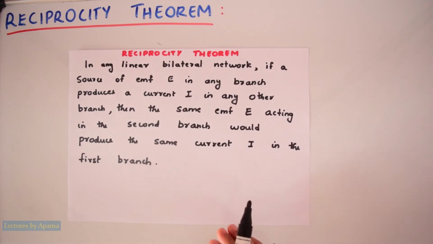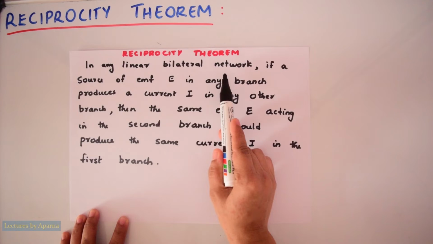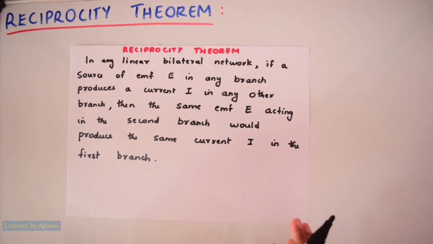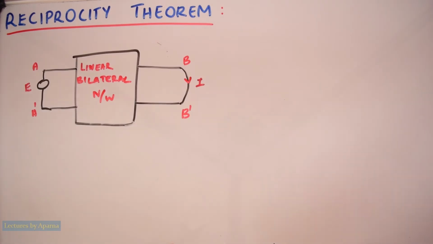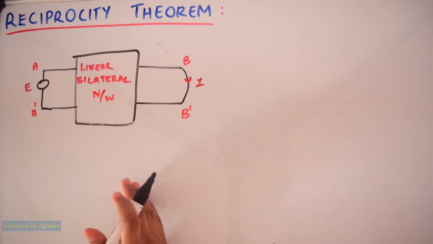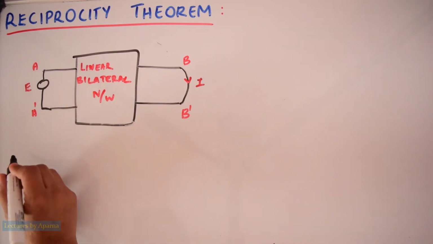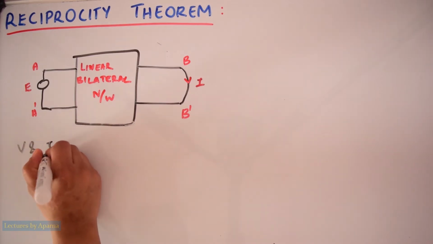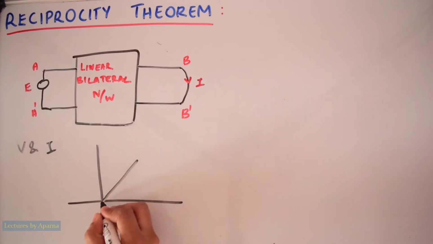Now let us see what it means. So here the network given is a linear bilateral network. So consider this network. It is a linear and bilateral network. Linear network means that in this network the relation between voltage and current is a straight line that is passing through the origin.